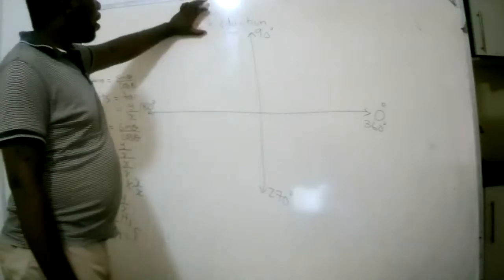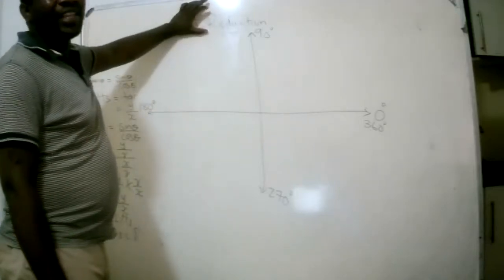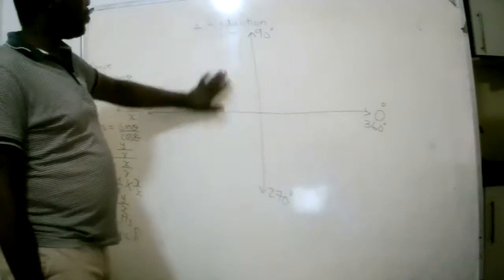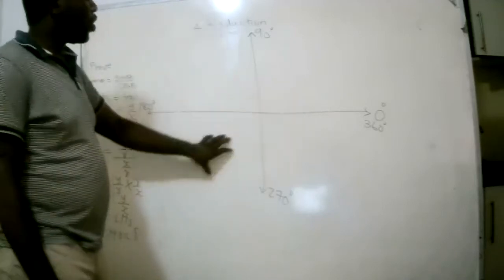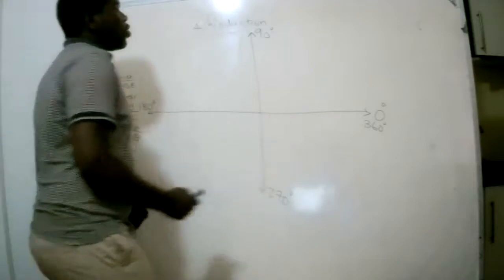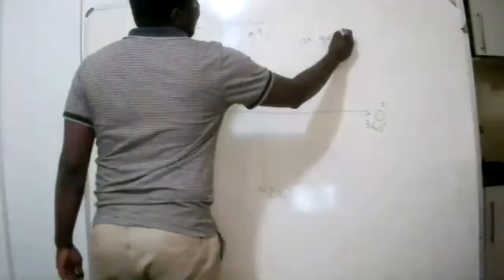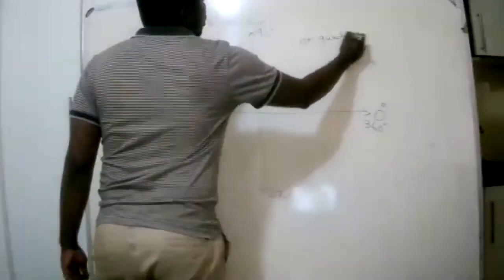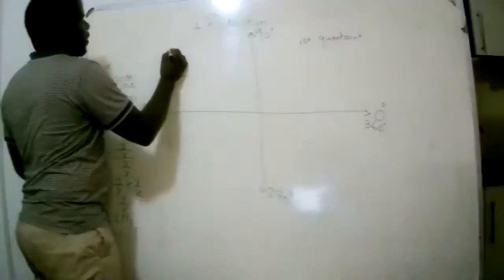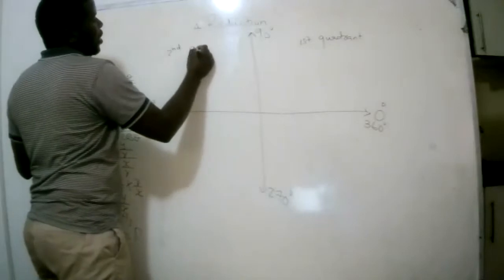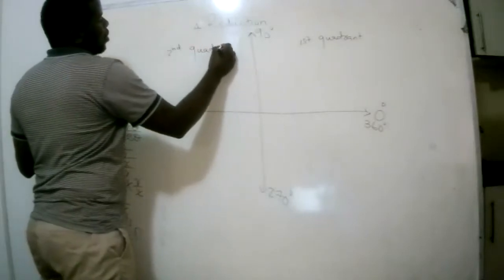Remember, we are focusing on what is called the reduction angle. I'm going to give you a reduction angle on these blocks. So we have 4 blocks here. So on the first block, we call it first quadrant. Don't forget the name of this thing. So it's called first quadrant, and then this is called second quadrant.